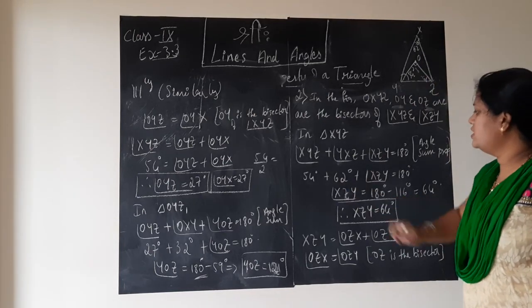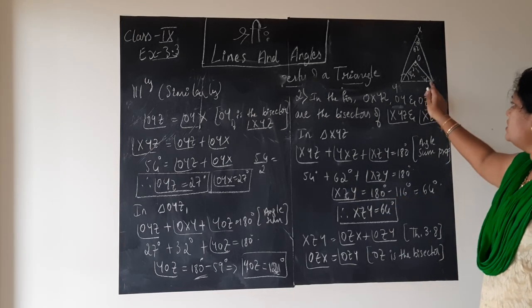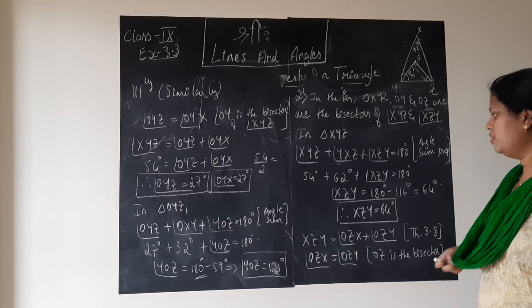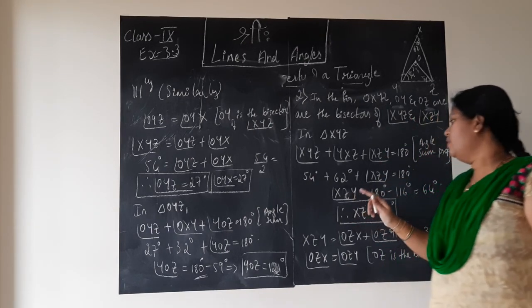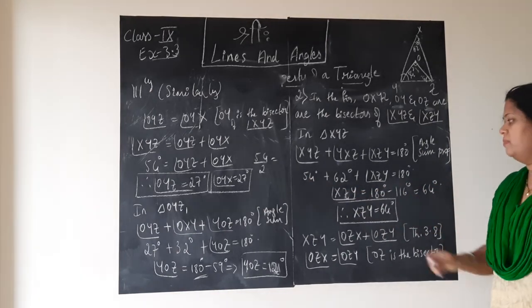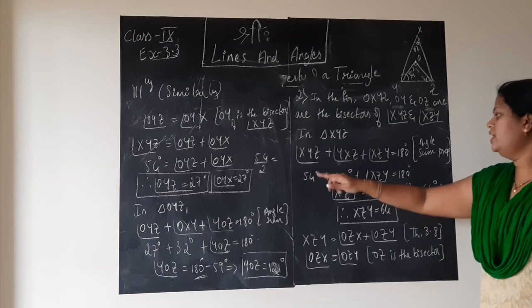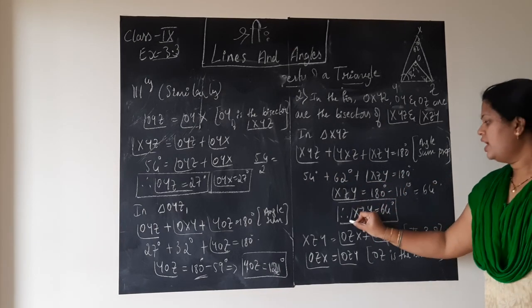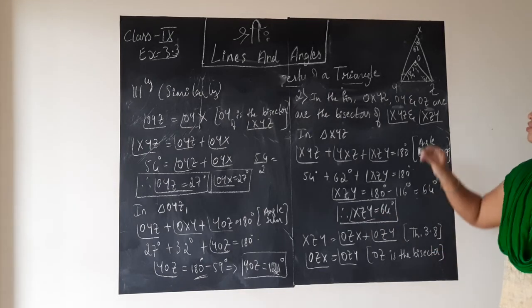Angle X they have given as 62 degrees, substitute. We don't know angle Z, so XZY I will keep as it is, equal to 180 degrees. So XZY will be, next I have added 54 plus 62 which is 116, children. So XZY is 180 minus 116, which gives you 64 degrees.